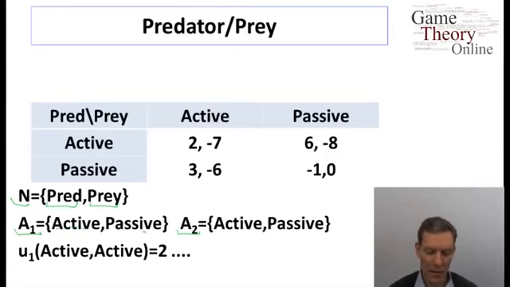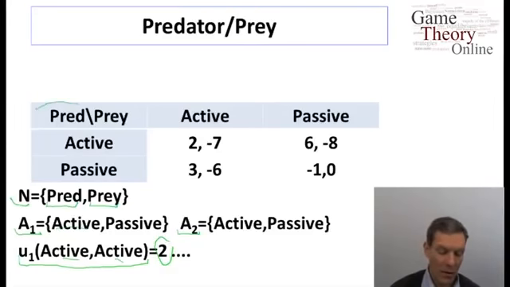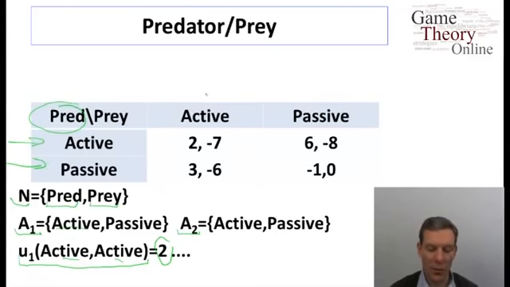And then we represented these in terms of payoffs by a number which represented how well they each did as a function of the pair of actions that were played. So if they both were active, then the predator got a payoff of 2. So here the predator is listed as the row player. So player 1 is often listed as the row player. Player 2 is often listed as the column player.